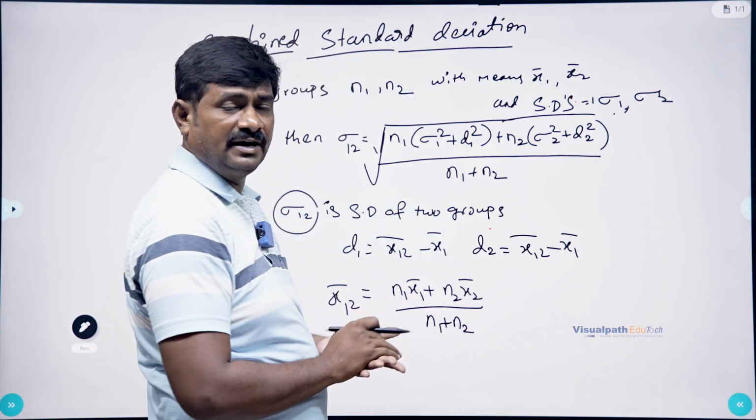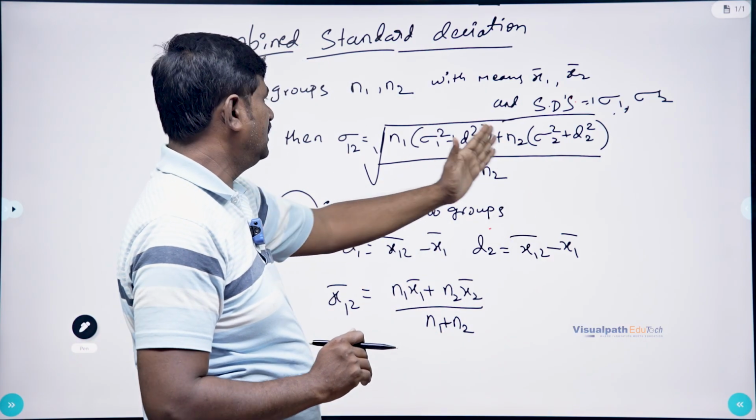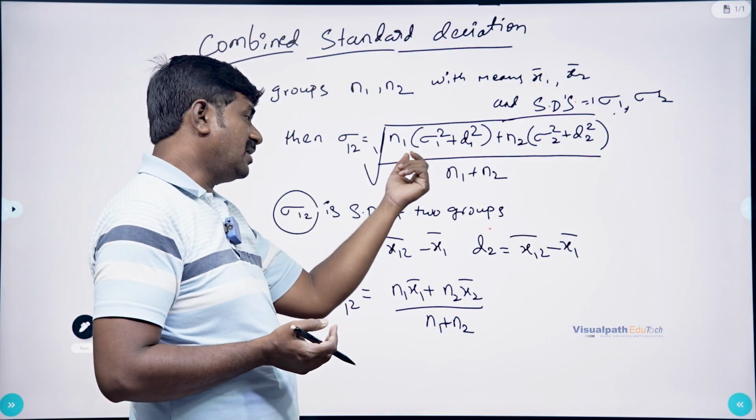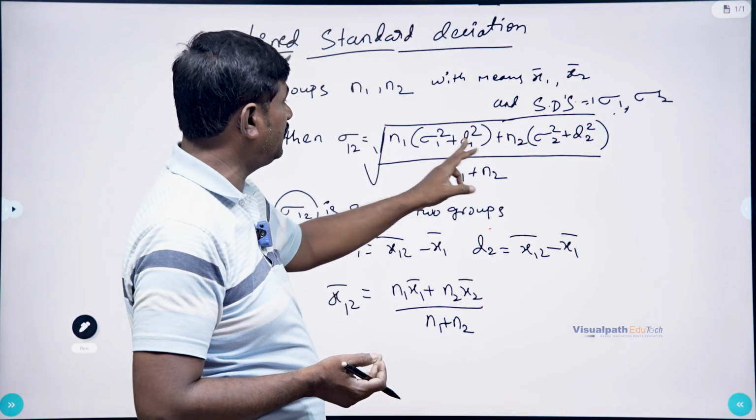Here N1 and N2 are the numbers of observations of the first and second group, sigma 1 is the first group's standard deviation, and sigma 2 is the second group's standard deviation. But what about d1 and d2?